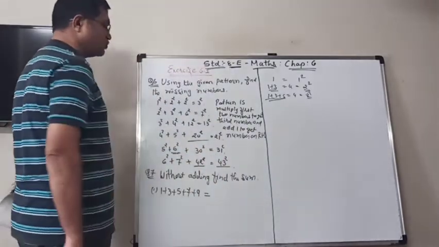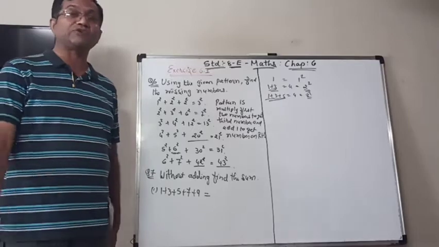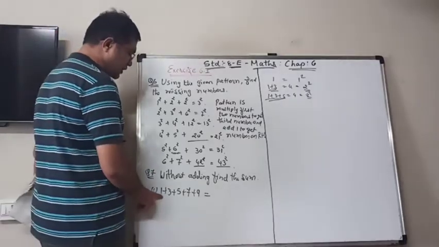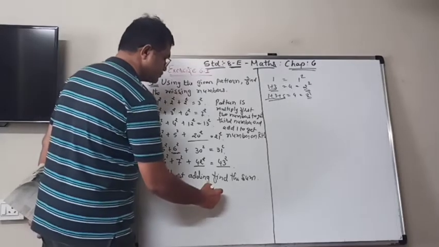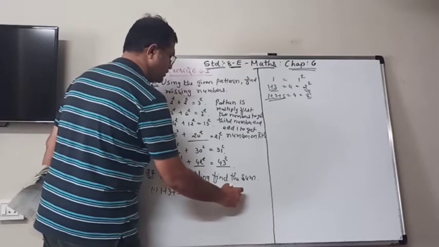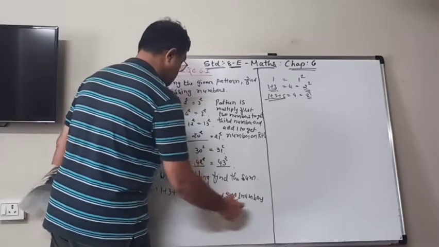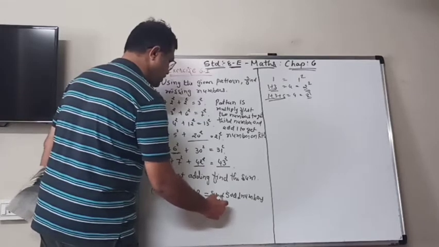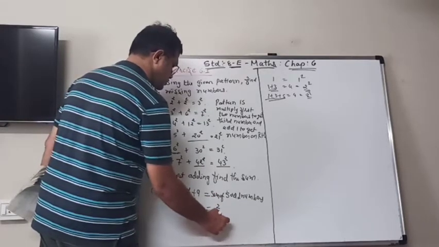So here we just have to check how many odd numbers are added starting from 1. You can see that here 1, 2, 3, 4 and 5. The sum of 5 odd numbers. So you don't have to do anything, it is the square of 5. And 5 square is 25.